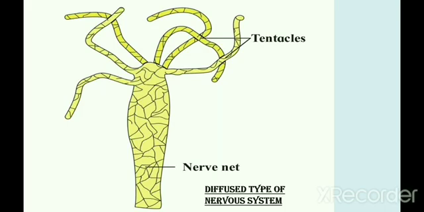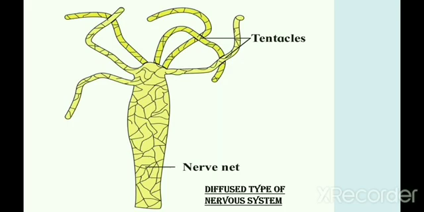Neurons have fibers, but there are no sensory and motor nerves. So, this nerve impulse does not show direction. If I say sensory nerve, that means the nerve which provides sensation, and motor nerve, that means the nerve which helps in movement. They have fibers, but there are no sensory and motor nerves present.